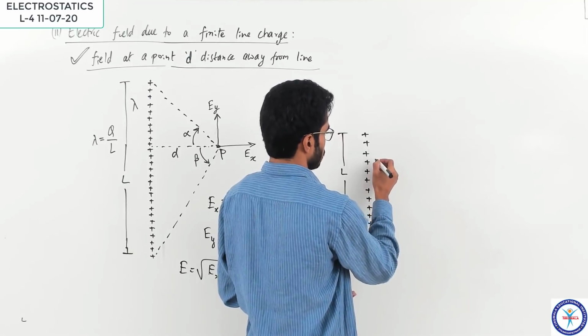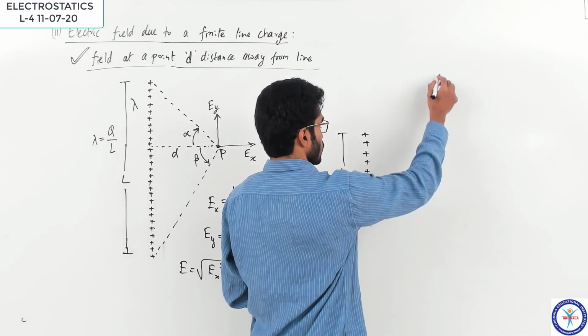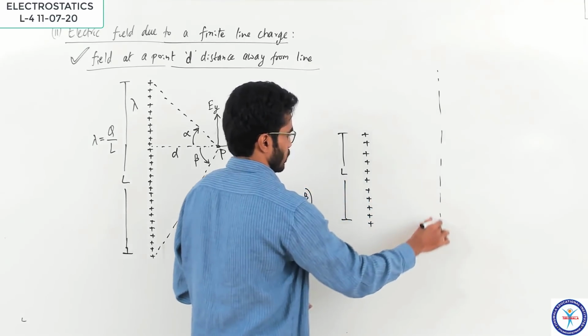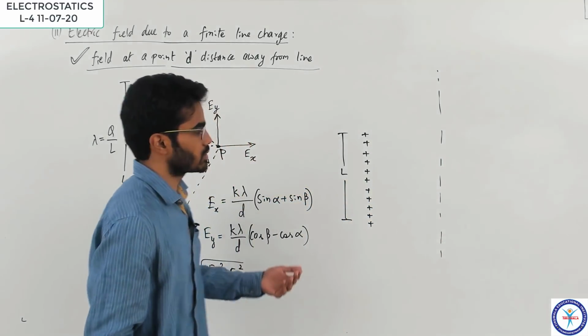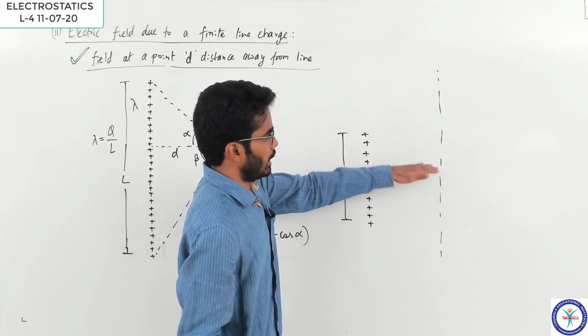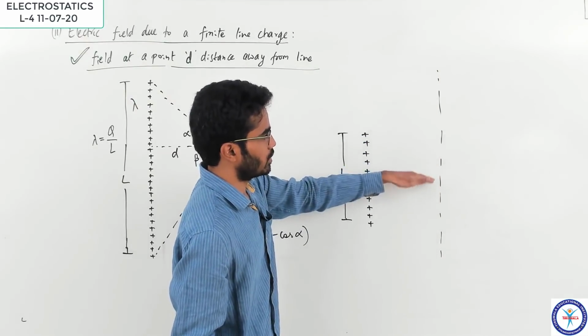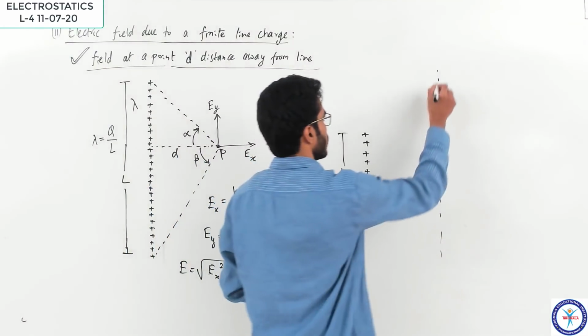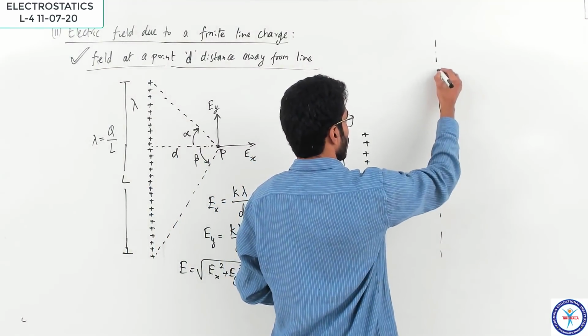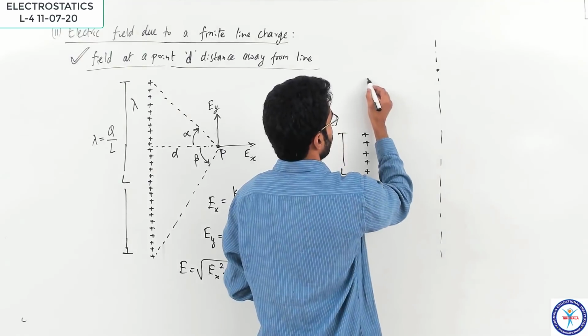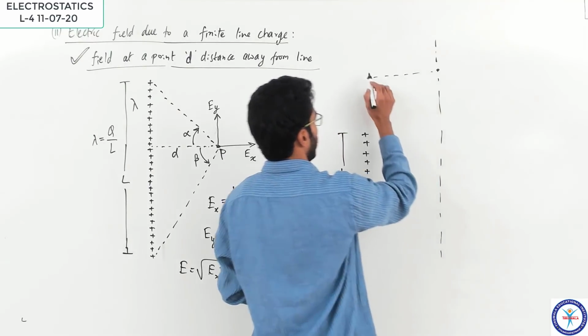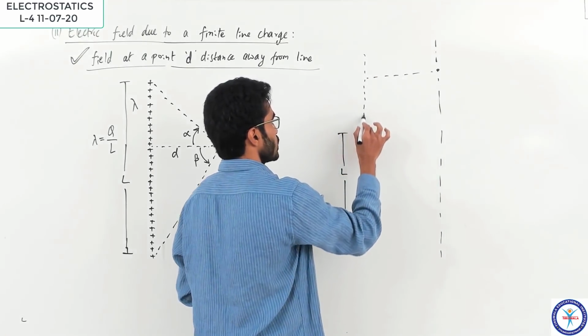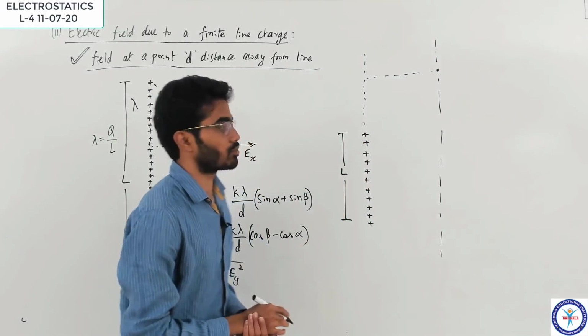The given point can be anywhere, right? At a distance x, you have to take a line. But now the point is clearly mentioned. It is somewhere here. So if you extend this line charge, you will be able to draw the distance carefully.